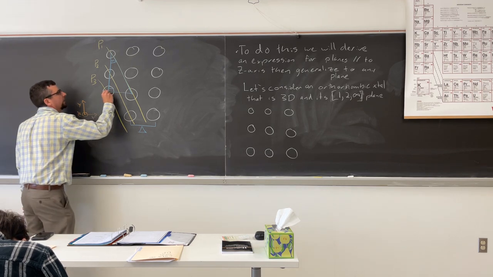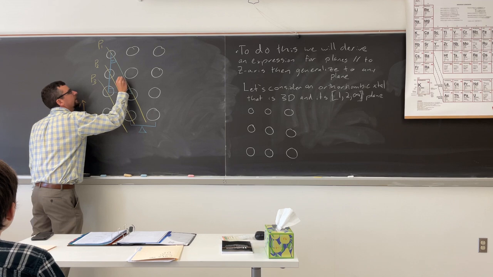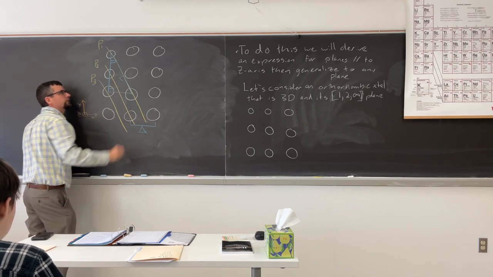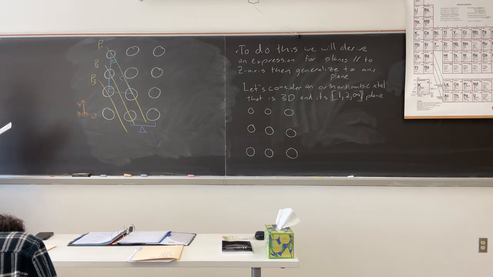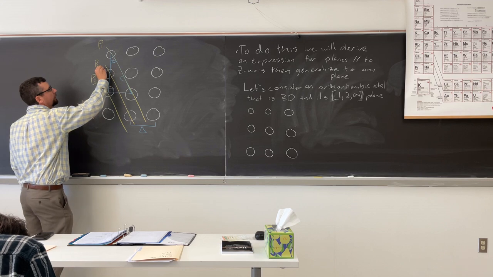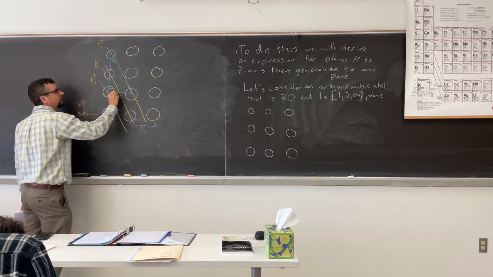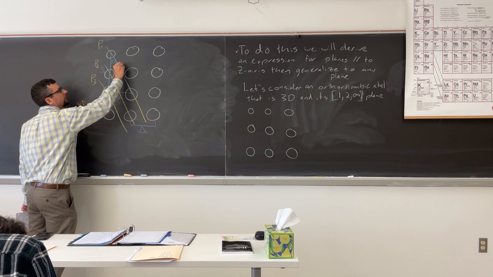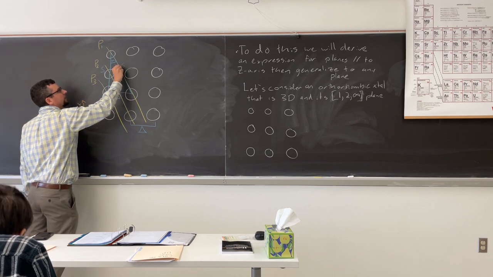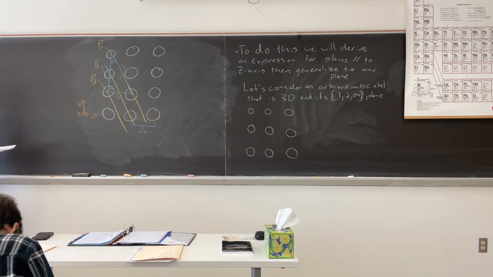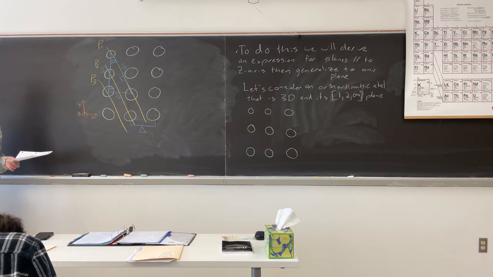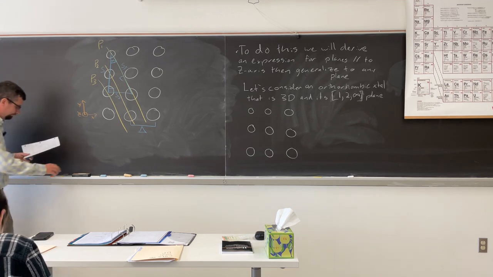But we can also bisect this and draw another triangle. And we're just going to label this side S1, this side S2, and the hypotenuse S3. What do we want out of this triangle? We want to find S2.